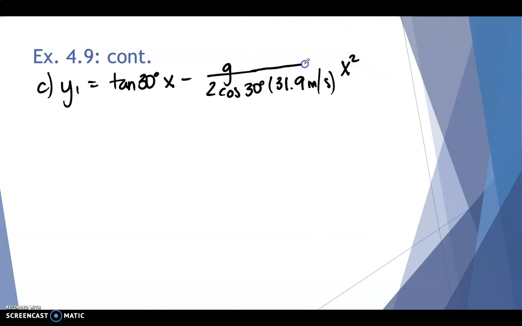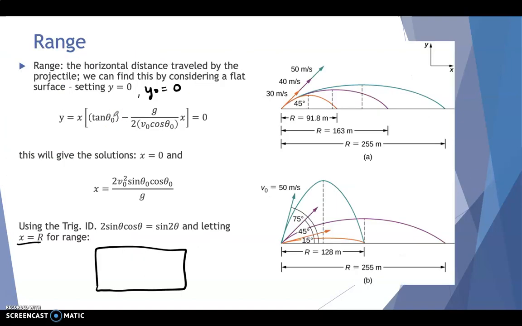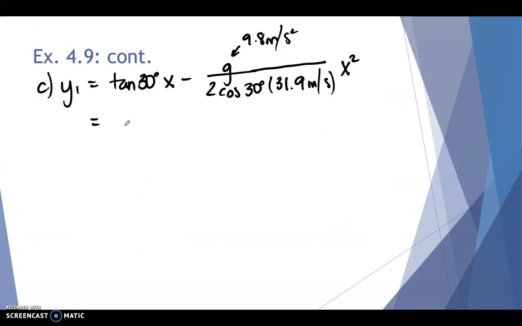Okay. This is going to be 9.8 meters per second squared. Okay. So, is that? Yeah. Okay. Just wanted to triple check. Okay, so first I'm going to say tangent of 30 is 0.58 approximately.